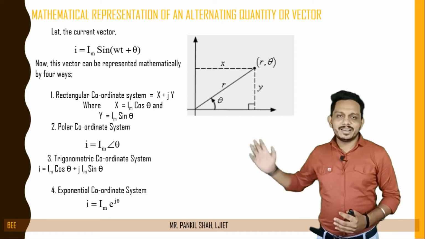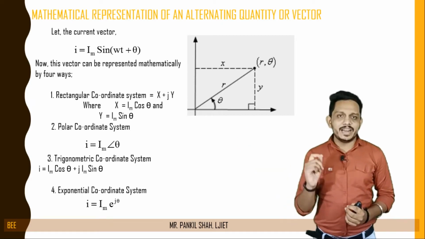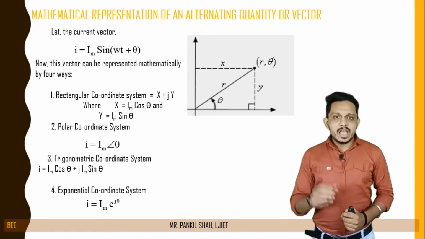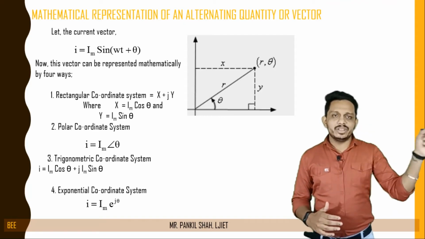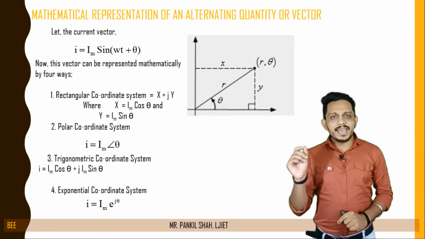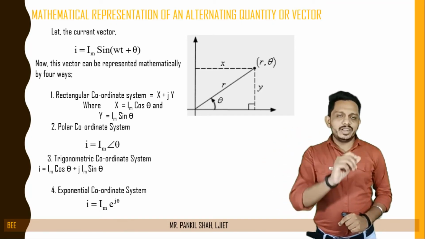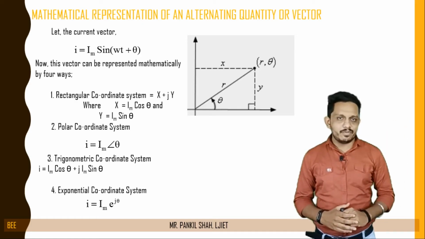The first form is the rectangular form. In rectangular form, this current can be represented as I = x + jy, where x is the real part and y is the imaginary part. j is showing the imaginary part. So x can be defined as Im cos θ, where Im is the maximum value from that equation and θ is the phase angle from that equation.